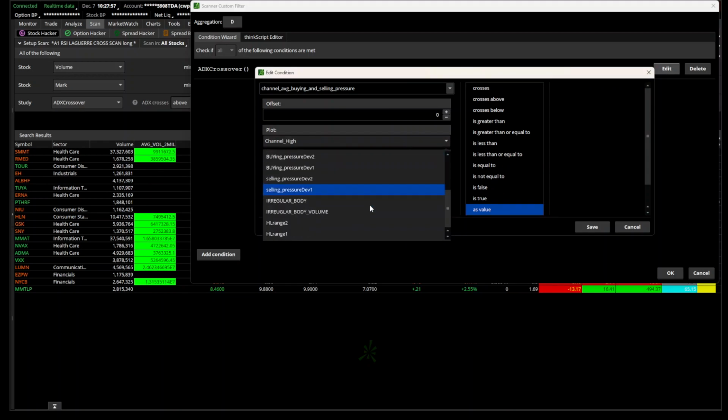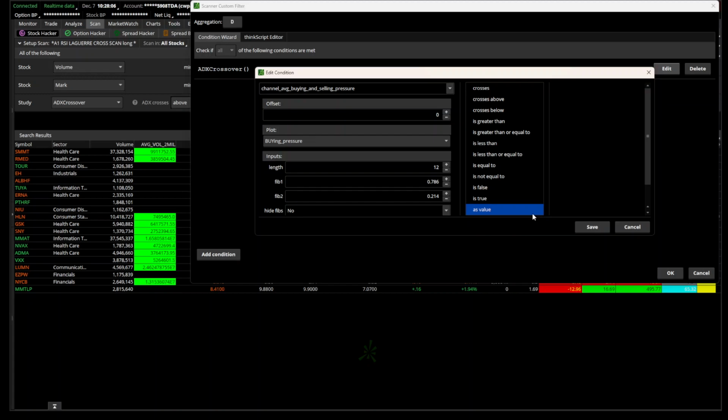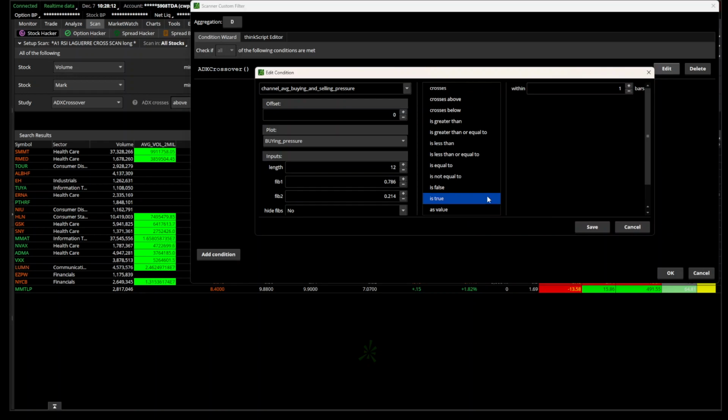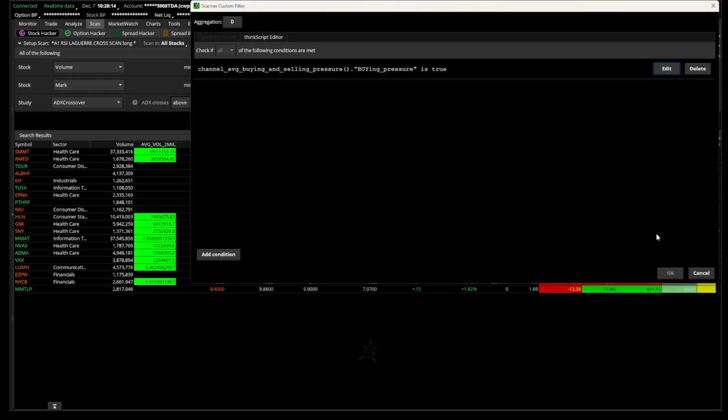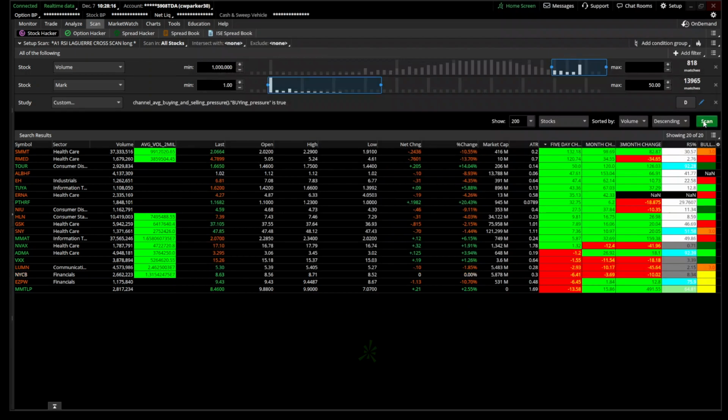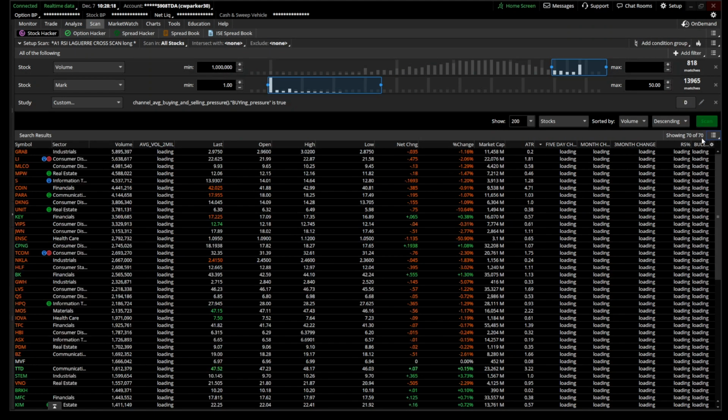So we're going to be looking at the actual buying and selling pressure dots. These are the deviations. Here are our dots. Let's see if we can find a stock making a new low, but the buying pressure has increased on it. So we're going to look for it on true within 1 bar. Let's try that. So it'll be anything today.